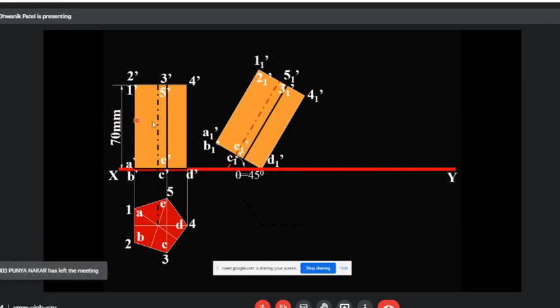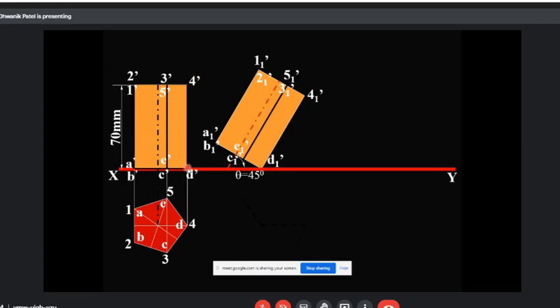Okay, because of what we do in the third step. In the second step we rearrange at 45-degree angle here. Here in the first step, in the second step you have A dash B dash at this corner point and 1 dash 2 dash at this corner point. First you incline D dash 4 dash at 45-degree angle. Then you transfer the whole shape here. How will you transfer the whole shape?